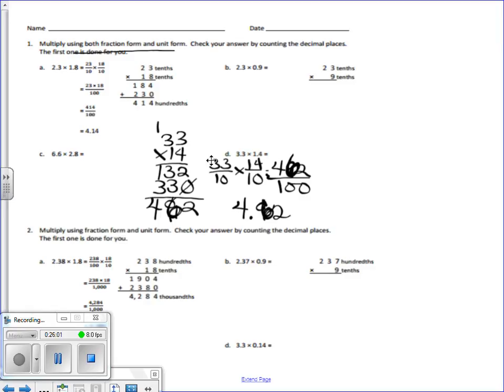Okay. So, 3 and 3/10 times 1 and 4/10. Oh, you guys mess up all the time. I did the same. So, my decimal has to move in. So, this is 12. This is 13. Add a row, add a 0.